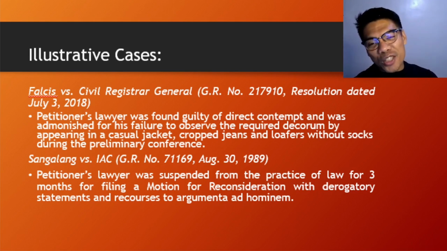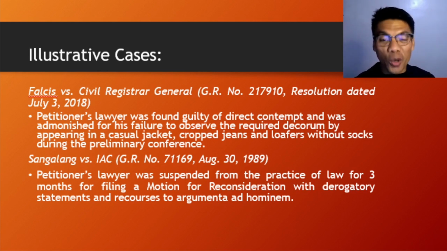In a resolution dated July 3, 2018, petitioner's lawyer, Attorney Falsis, was found guilty of direct contempt and was admonished for his failure to observe the required decorum by appearing in a casual jacket, cropped jeans, and loafers without socks during the preliminary conference.